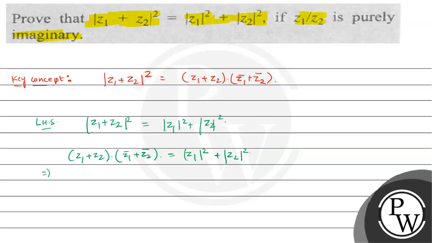Now let us use the distributive property to multiply these two.